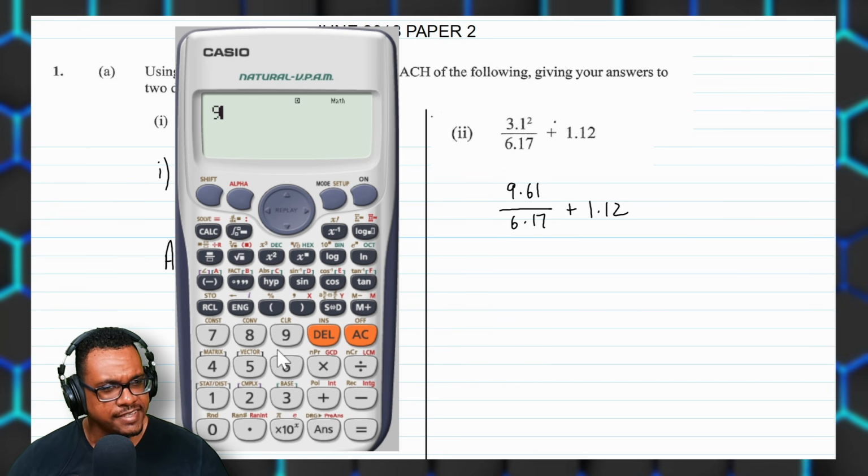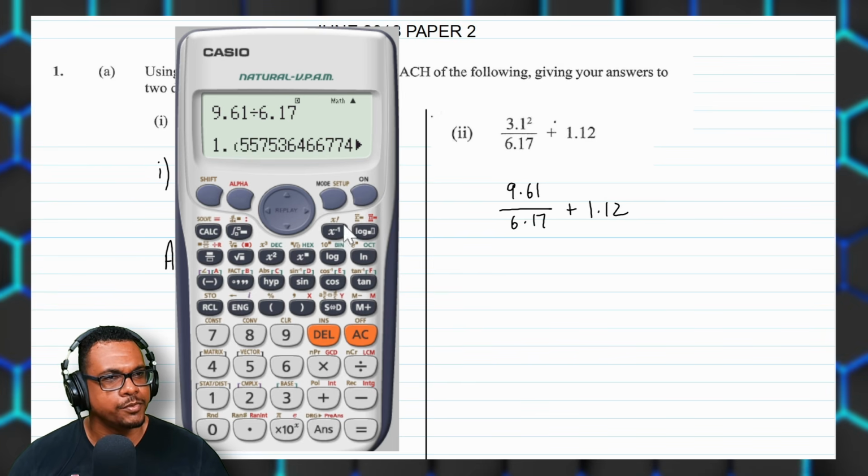So we're going to put 9.61 divided by 6.17, press equal, and we would get, writing this first to 3 decimal places and then the final answer to 2 decimal places, 1.557. After the 7 is a 5, so this would be 1.558.